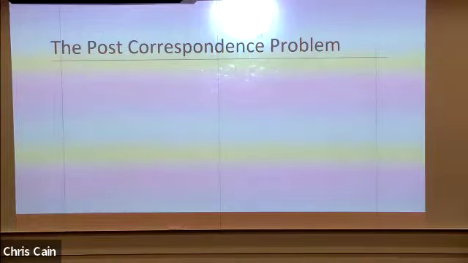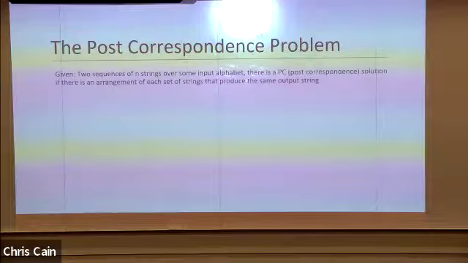The post-correspondence problem says we're going to have a couple of sets of strings. You get 2 sequences of strings over some input alphabet. And we want to find some way to arrange these sequences of strings such that the end result is the same string.